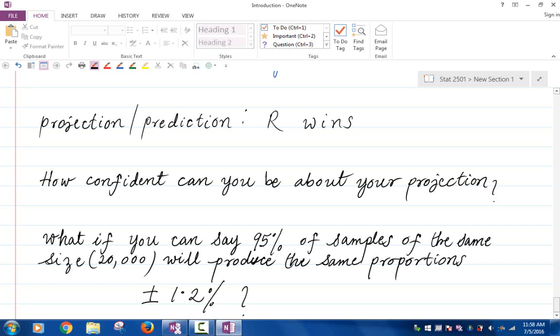So my answer might be wrong, plus or minus 1.2%. But that still means that Roosevelt is winning, right? So this is the degree of confidence we have in my number. I am 95% confident that Roosevelt's going to win because my error still makes Roosevelt winning. Does that make sense?